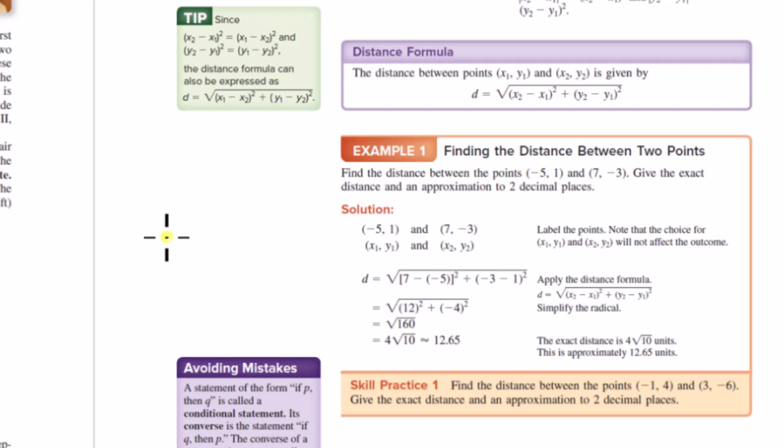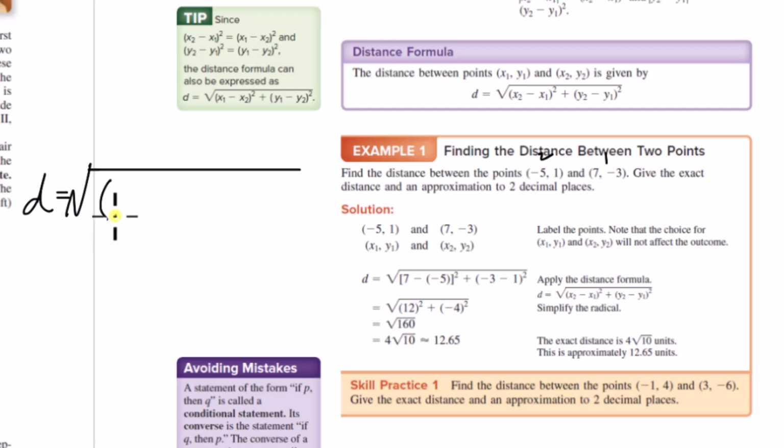So this is easy. We just label any point as point 1 and the other one is point 2. It doesn't matter at all. I'll do this as point 1. This is point 2. Whatever. So what we do is the distance is going to be the principal square root of x2 minus x1 squared. But you can see you could even do x1 minus x2 and it wouldn't matter.